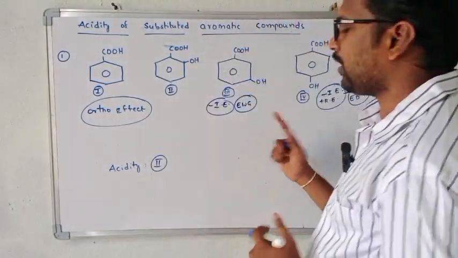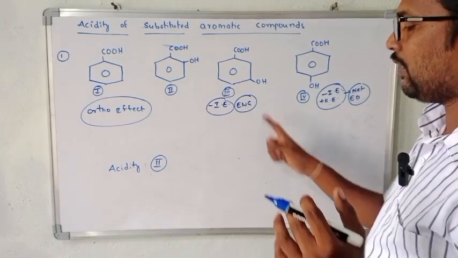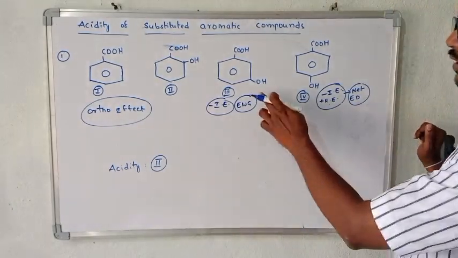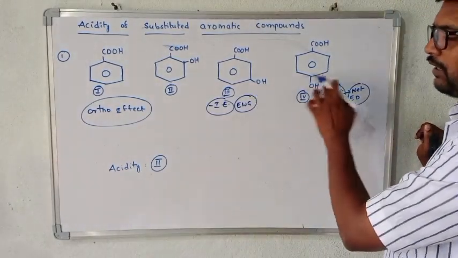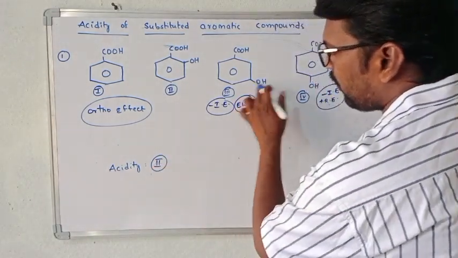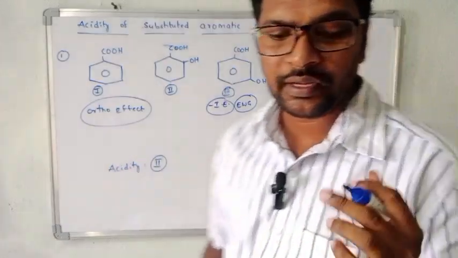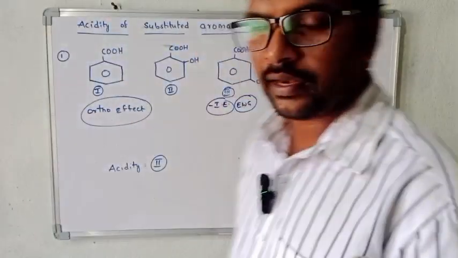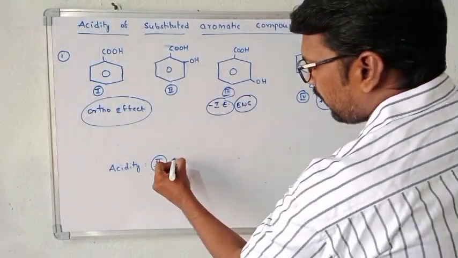So the compound which contains an electron withdrawing group increases the acidity. When you compare meta and para, meta is more acidic, so we take meta as more acidic.